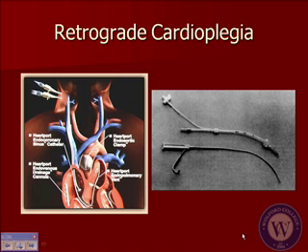What's interesting is that sometimes when you have extensive three-vessel disease, especially if you have left main disease, and we do what we call the normal antegrade cardioplegia, which means after the cross clamp is placed, we put hyperkalemic solution that's also cold through the coronary arteries.